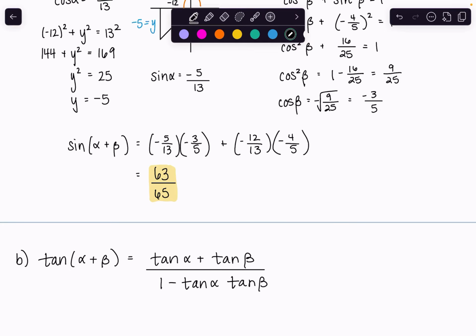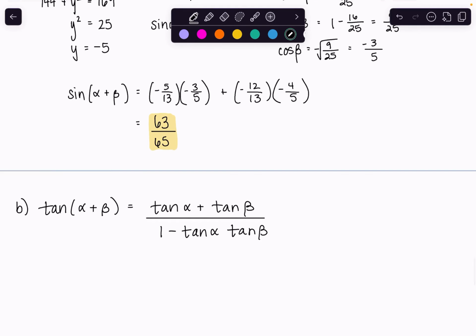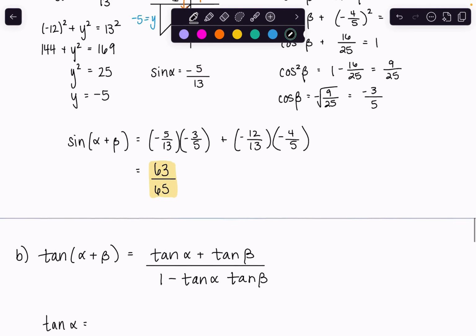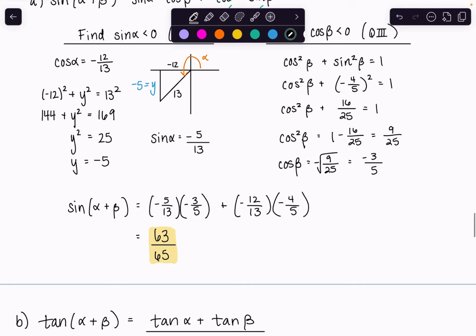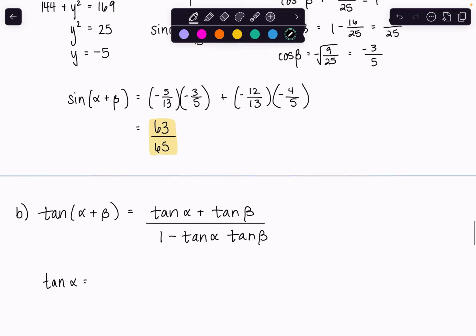Tangent of alpha plus tangent of beta, so same sign, opposite in the bottom. So if I want to find tangent of alpha, you can go back up here and just use the triangle, or you can use that it's sine over cosine, whatever you'd prefer to do.